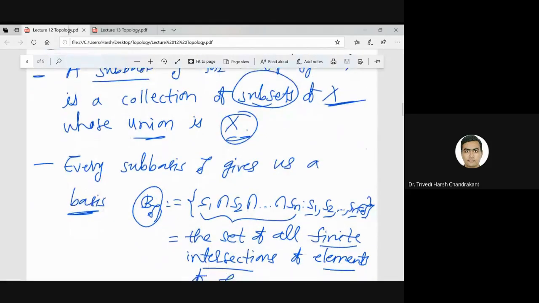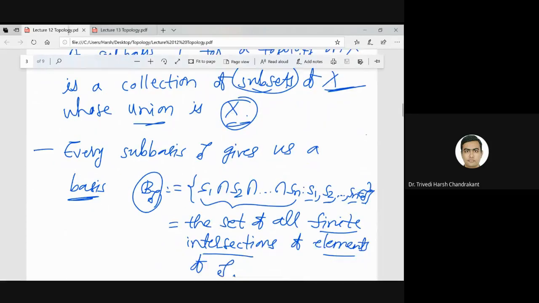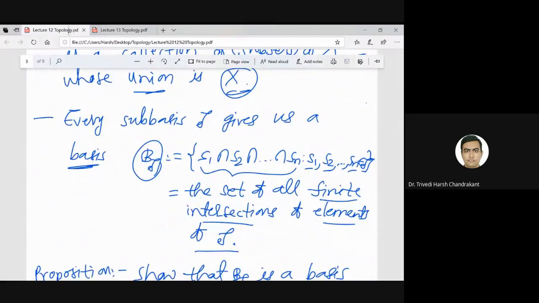On whatever set X, if I can find a collection of subsets of X whose union is X, then that family is known as a subbasis for that set X, and every subbasis gives us a basis on that set X. Basis here means the topological basis.